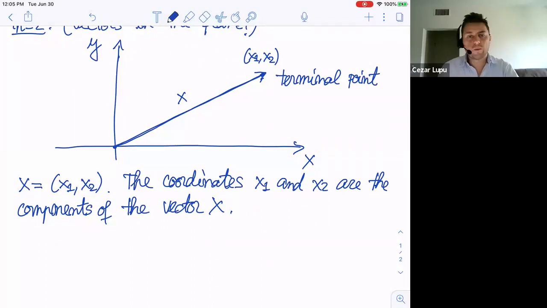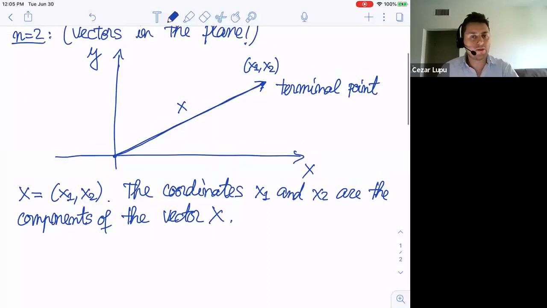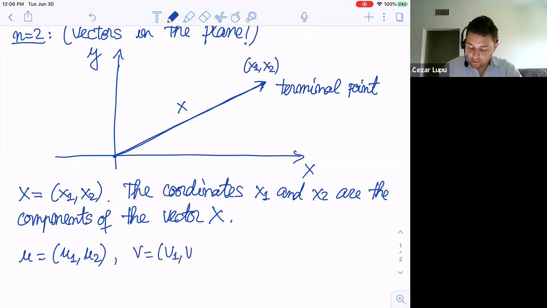Well, this is just one vector considered in the plane, so I can consider many other vectors. For example, let's consider u with coordinates u1 and u2, and let's say v with v1, v2.